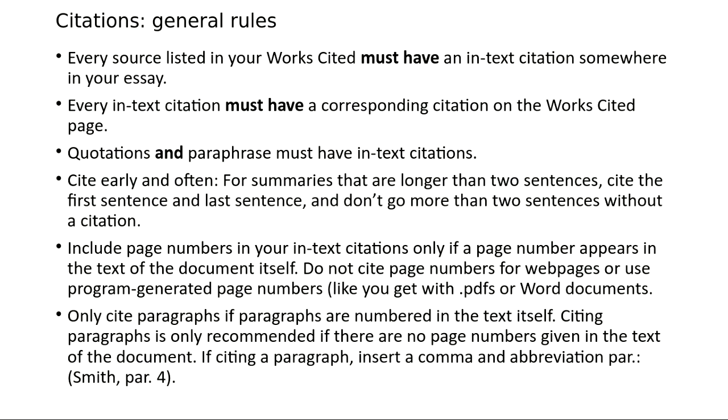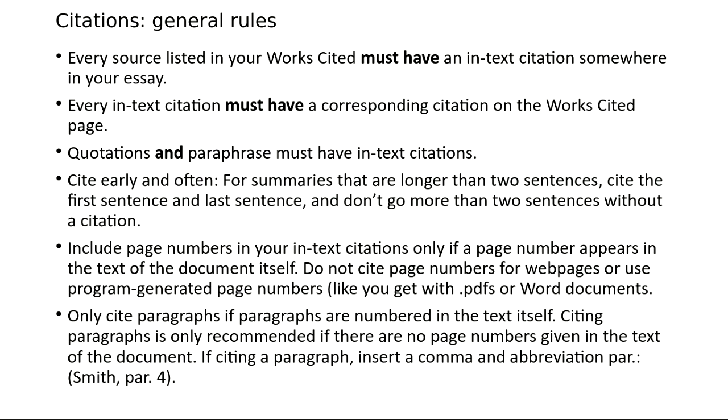Paragraph numbers are usually only given if there are no page numbers. If there's a page number given, just cite with a page number. It's a lot easier. But if there's no page number given, but the paragraphs are numbered, then you can cite with a paragraph number. But that usually doesn't happen.